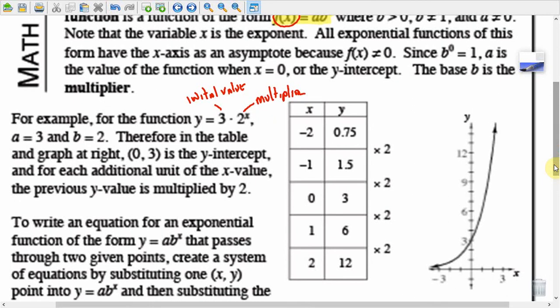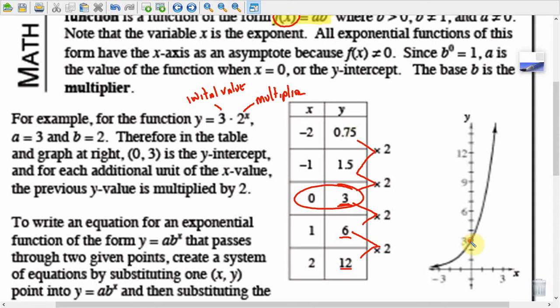Therefore, in the table and the graph at the right, 0, 3 is the y-intercept right here. Our initial value is 3. If we multiply 3 times 2, we get 6. If we multiply 6 times 2, we get 12. If we go in the opposite direction, half of 3 is 1.5. Half of 1.5 is 0.75.